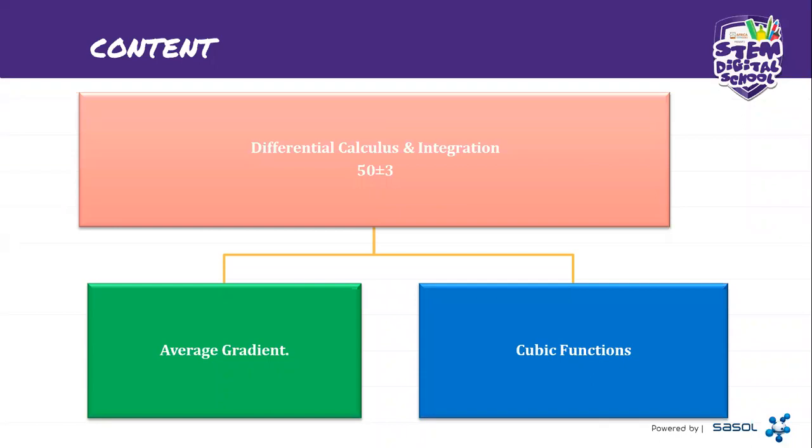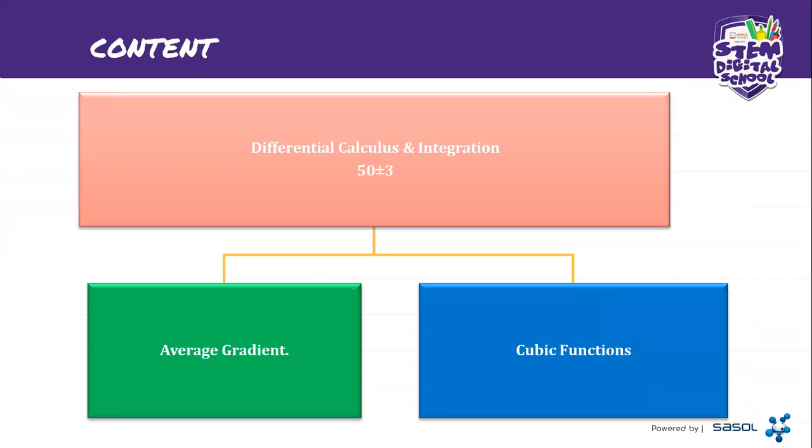Now, under content, already remember I've indicated that this is part of a paper 1 topic, which is contributing 50 plus or minus 3 marks for paper 1. You can see it's a lot of marks out of 150. So it's very, very important to make sure that we practice everything before we go and write the final examination for this topic.